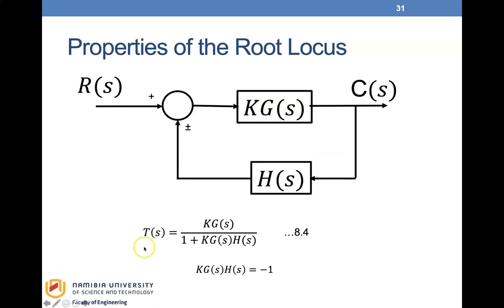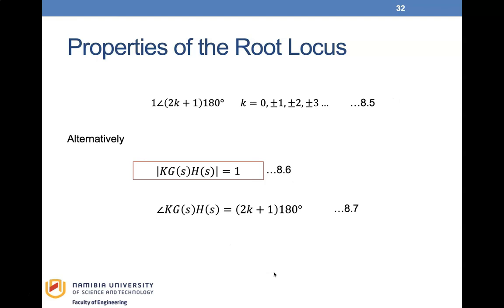A pole s will exist when the characteristic polynomial in the denominator becomes 0, or KG(s)H(s) is equal to -1, where -1 is represented in polar form as the magnitude 1 and the angle (2k + 1) multiplied by 180 degrees, where k is a whole number: 0, plus or minus 1, plus or minus 2, and so on and so forth.